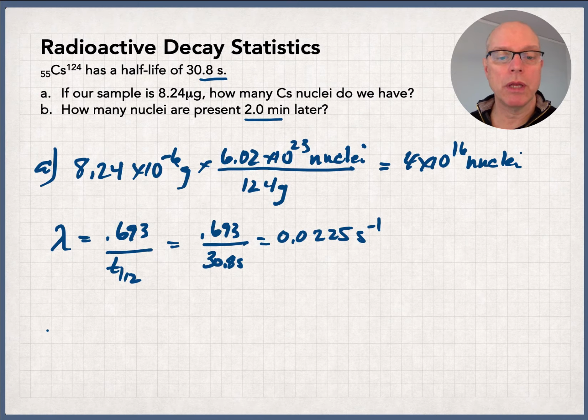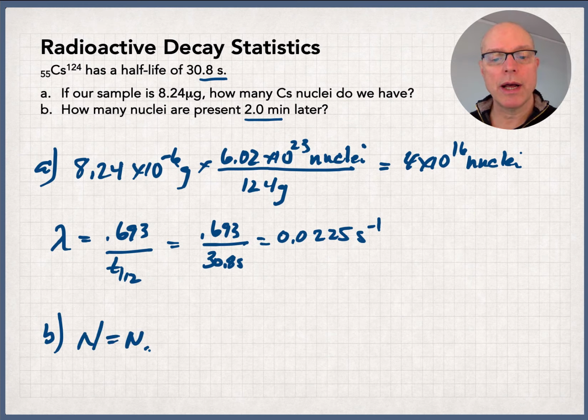Okay, so what are we going to do to get part b? It's actually really easy. To figure out the number of nuclei that are left, n is the number of nuclei we started out with at the beginning of time, times e to the negative lambda t, and just make sure you're careful with labels.